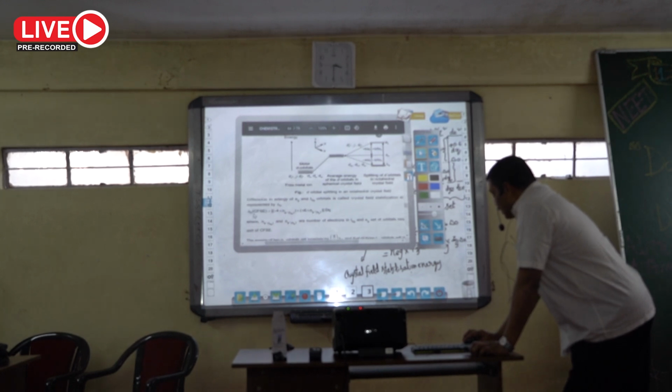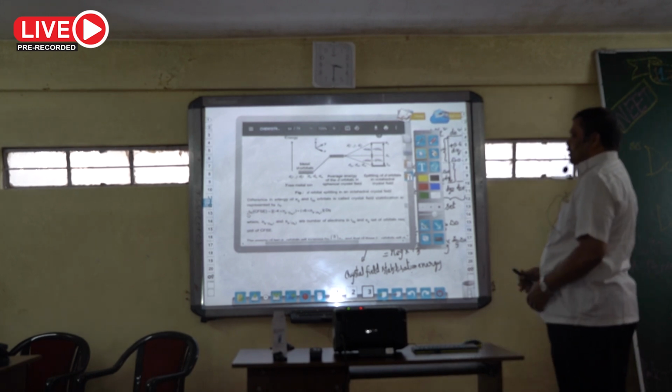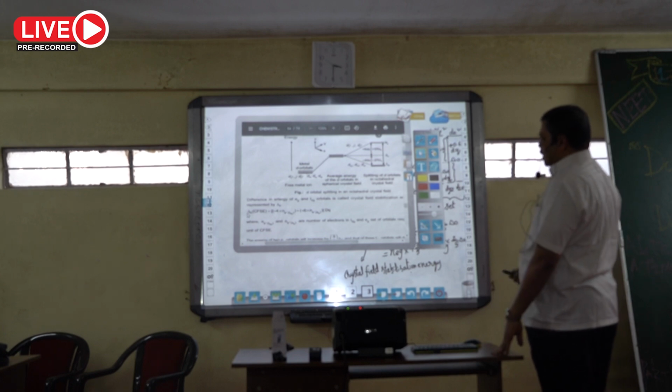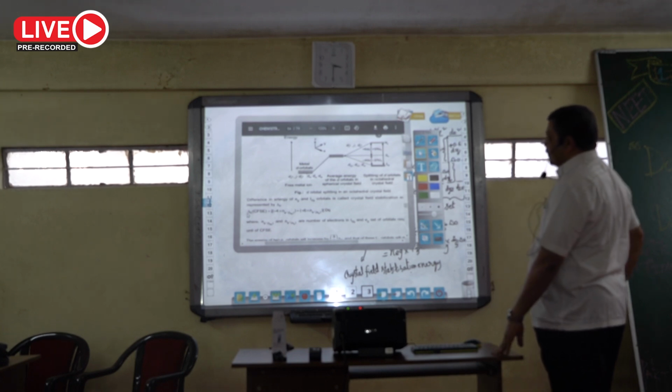So write this formula. Delta naught CFSE, same formula I wrote, but in a different form also you can write.